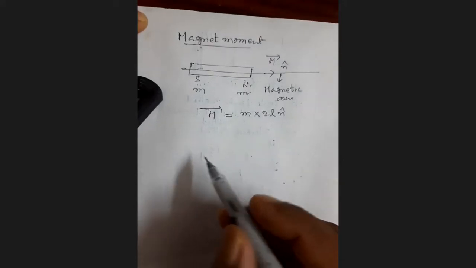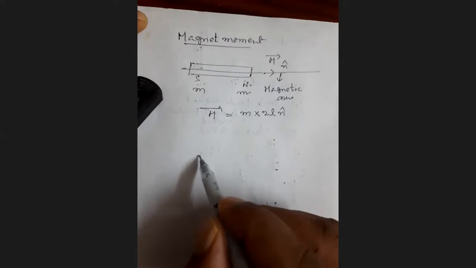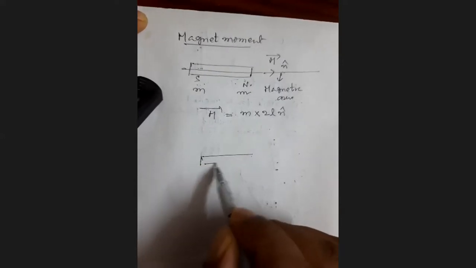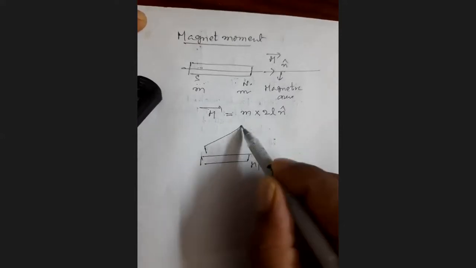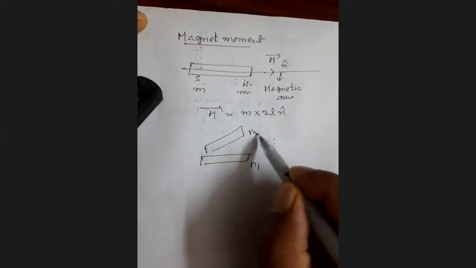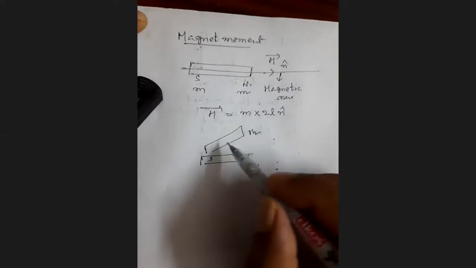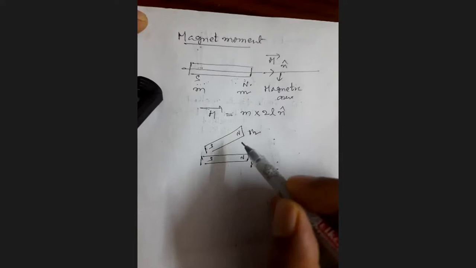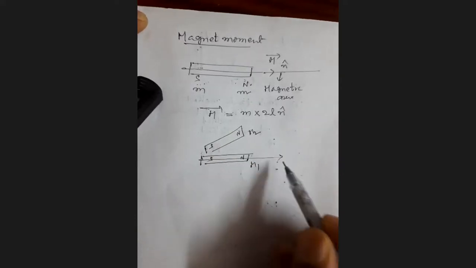Now let us see the application. You take two bar magnets. This is one magnet of moment M1, another bar magnet of magnetic moment M2, such that their like poles are touching. Okay, so what is the direction of M1? Like this. This is the direction of M1.